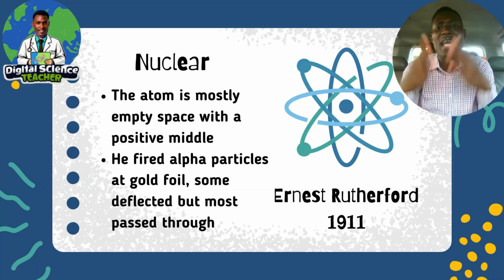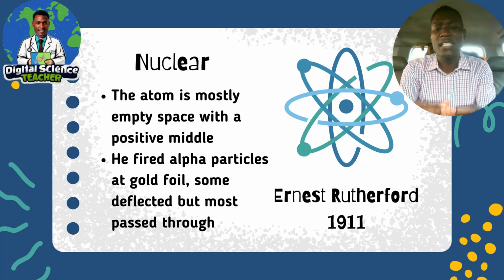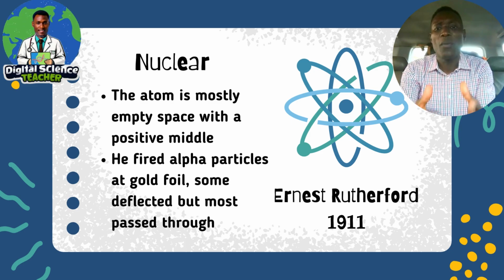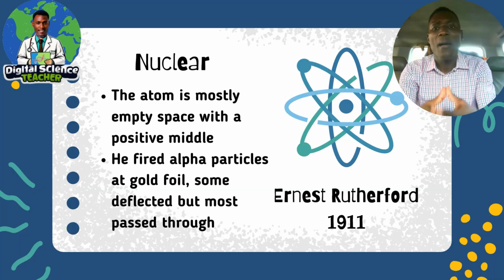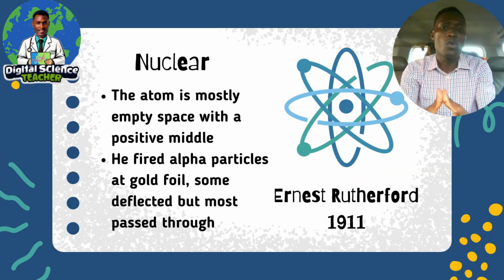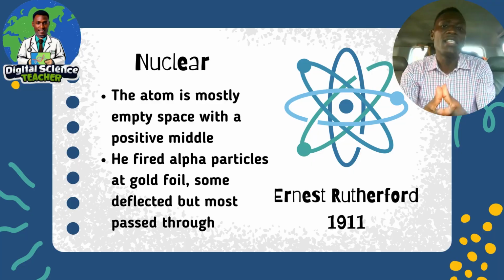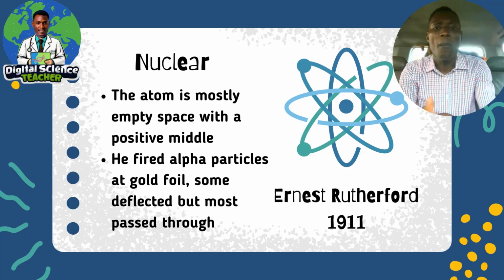Now, he fired alpha particles at a gold foil and he discovered that some particles deflected but some passed through. Alpha particles are positively charged. So when he channeled them to a gold foil, he discovered that some were deflected and some passed through.